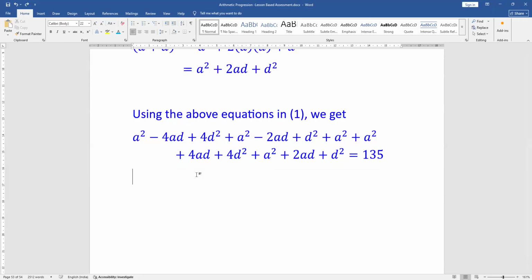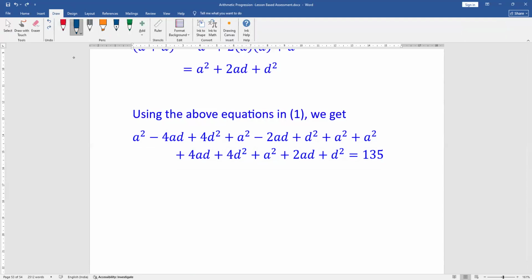Okay guys, next what we have to do is see whether anything gets cancelled here first. Okay, what happens here is, see, there is a minus 4ad and a plus 4ad, correct? This gets cancelled. So which are those things getting cancelled? Let me show you. So minus 4ad plus 4ad is gone. Minus 2ad plus 2ad is gone. Okay. And then now a square, how many are there? 1, 2, 3, 4, 5.